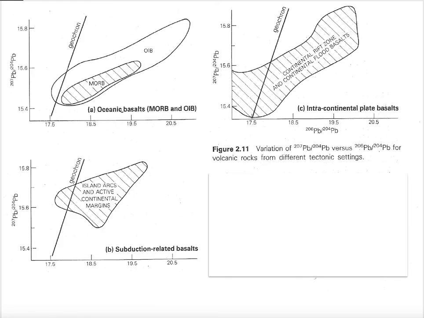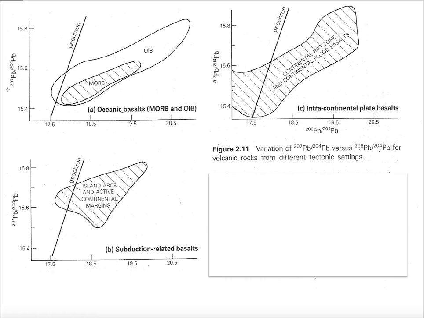Or it can also be used as a petrogenic or geochemical indicator. For example, the MORBs are very young, so they plot in this field, the ocean island basalts and the MORBs, which we can see in the first figure in the upper left corner.